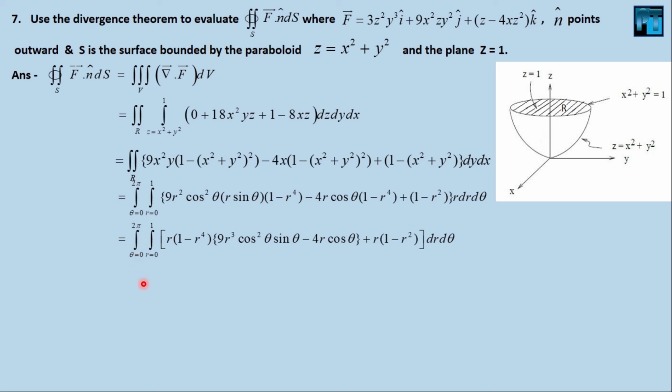Why? Let's see. This is the first integration. If we proceed through first theta integration, then r integration, then in my first integration, I face the 0 to 2 pi cos squared theta sin theta. Clearly it is 0.